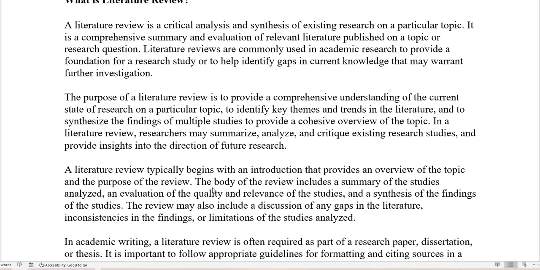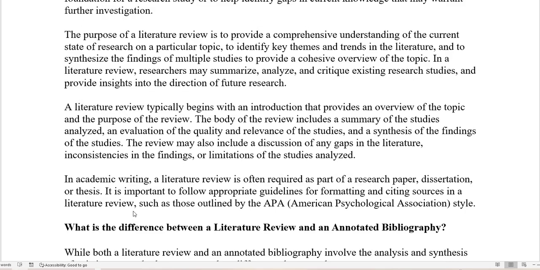A literature review typically begins with an introduction that provides an overview of the topic and the purpose of the review. The body of the review includes a summary of the studies analyzed, an evaluation of the quality and relevance of the studies, and a synthesis of the findings of the studies. The review may also include a discussion of any gaps in the literature, inconsistencies in the findings, or limitations of the studies analyzed.